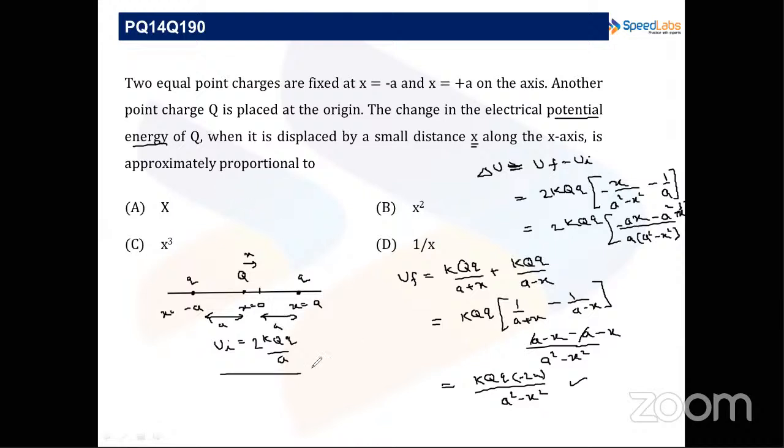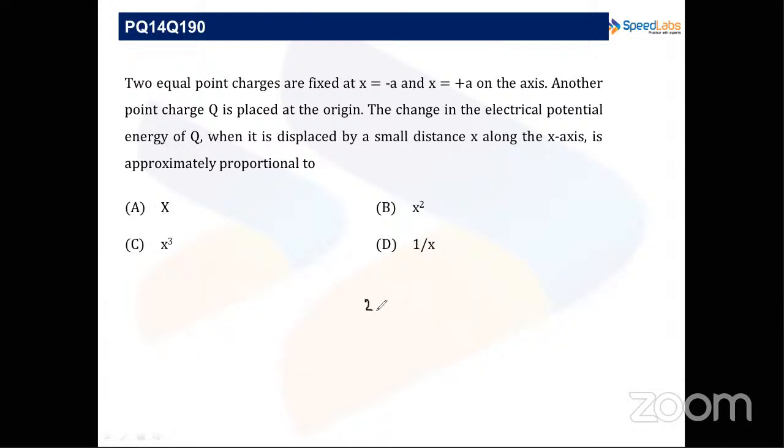So I'm just moving to next page. थोड़ा space मिल जाएगा. I'm clearing it all. So what we have written is 2kqq. In bracket it was 1 by x by, that was final, a square minus x square minus 1 by a, right?